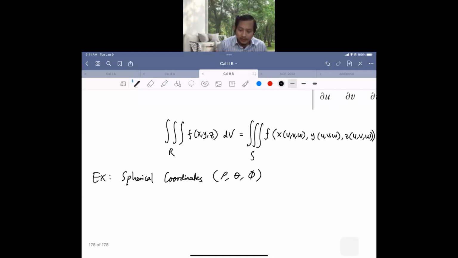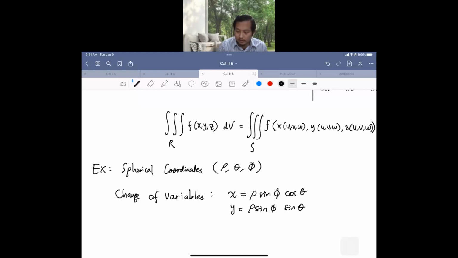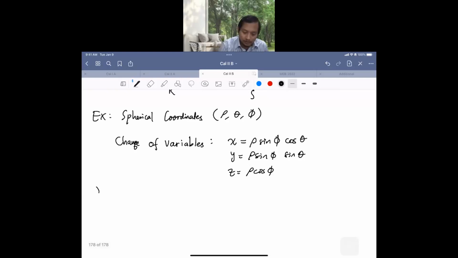The change of variables we have: x is rho sine phi cosine theta, y is rho sine phi sine theta, and z is rho cosine phi. Okay, and then we take the Jacobian.